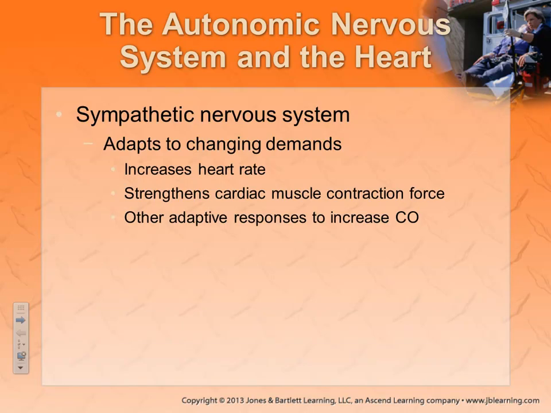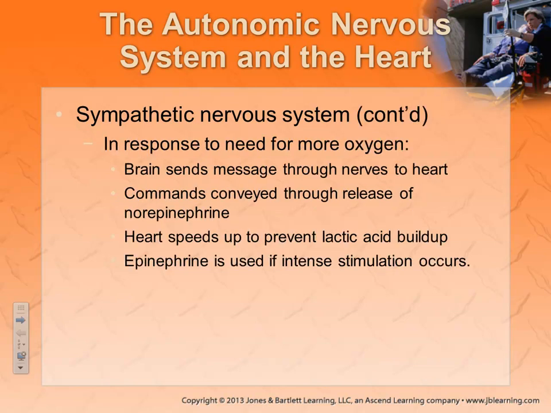The sympathetic, what is the primary chemical mediator of the sympathetic nervous system? Epinephrine, adrenaline. Remember fight or flight? And it's really where your adaptive responses are going to be.